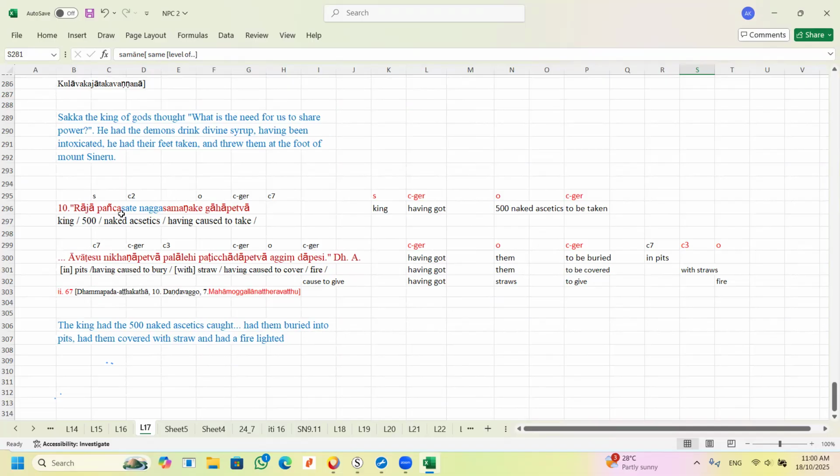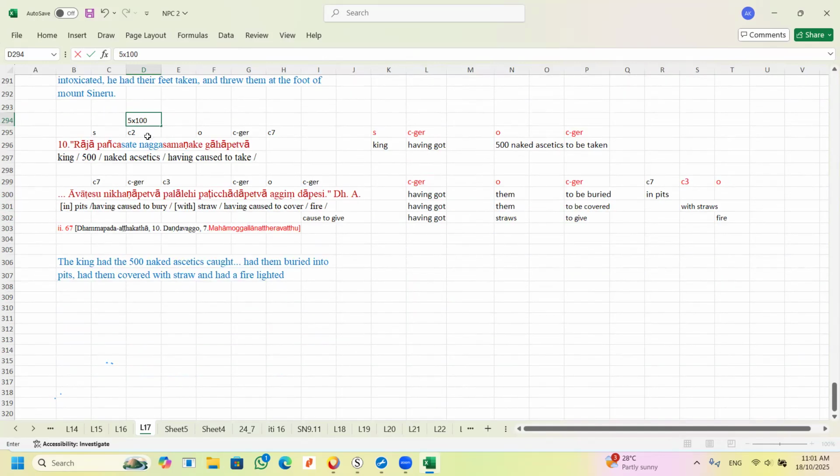Raja, okay, Pancha Sate. You see this one: the word Pancha is five. In between, because it's not Sate, the word is Satta. Satta is one hundred. It should be like that, five and hundred. The hundred is added back and the five in front, that means 500.